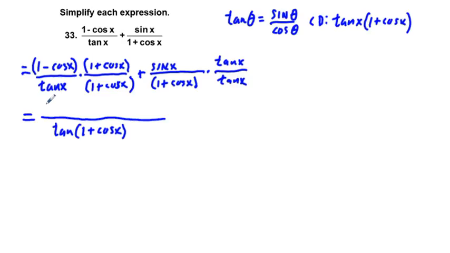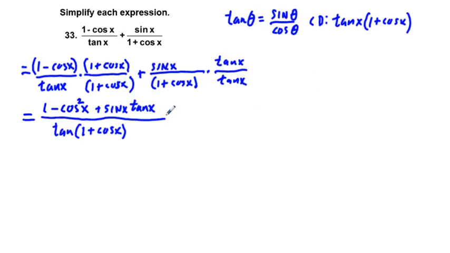So multiplying these binomials together gives 1 minus cosine squared x, and the minus cosine x times 1 and the 1 times cosine x will cancel each other. And then we write plus sine x tangent x. So there we have it.